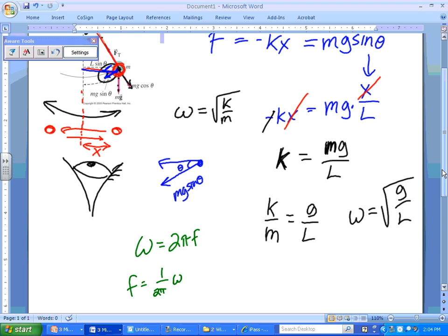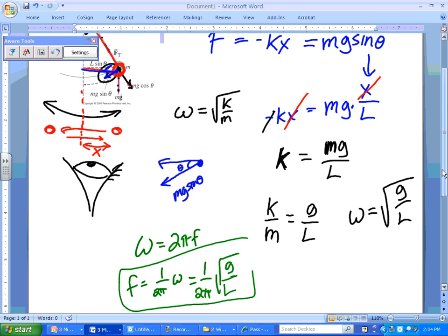In other words, 1 over 2 pi times the square root of g over L. So we're going to have this formula for frequency of a pendulum.